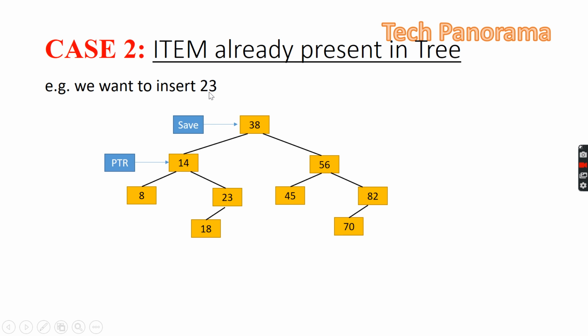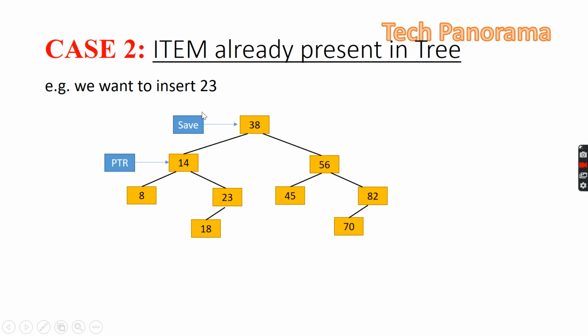For example, if we want to insert 23, then first it will be compared with the root. It does not match, so we compare 23 with 38. As it is greater than, the pointer will move to the right, and save will contain the address of the parent. Here we take a temporary variable, save, that will contain the parent of PTR, that is 38. Now 23 will be compared with PTR, 14.